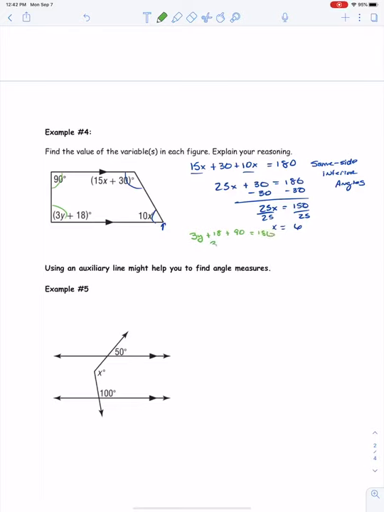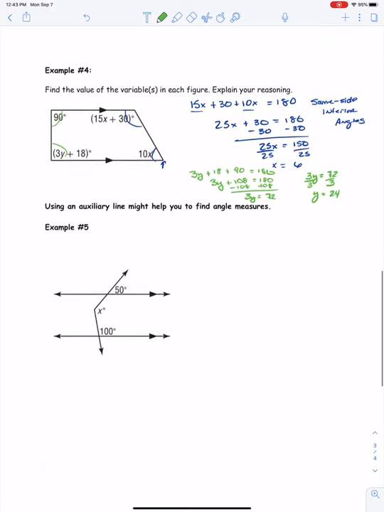So we have 3y plus 108 equals 180 degrees. I can subtract 108 from both sides, and so I get 3y is equal to 72. I'm running out of room, so I'm going to come up here. 3y equals 72. Divide both sides by 3. So y equals 24. And again, same reason, same side interior angles.